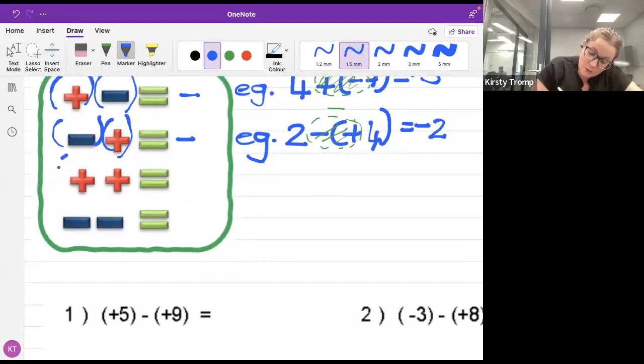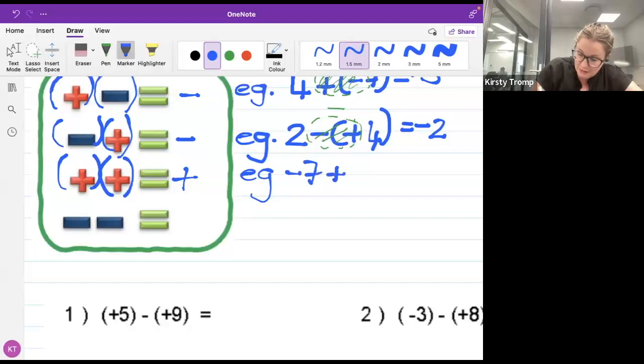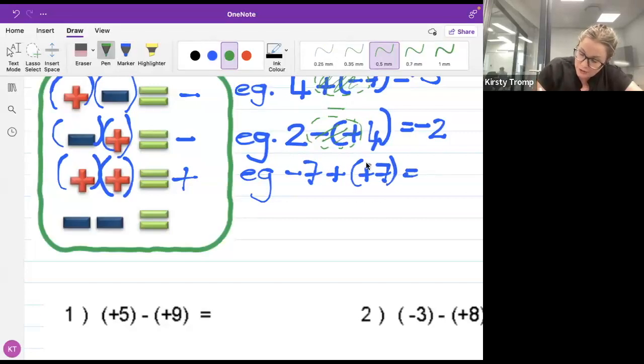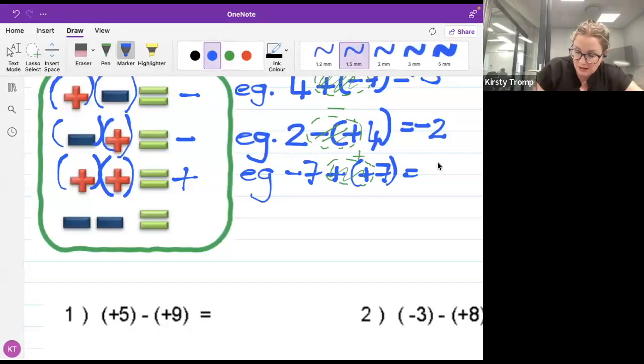When I have a positive and a positive next to each other, I'm going to be left with a positive answer. Good. So for example, if I have -7 plus +7, I put my circle around the 2 positives. I know that a positive and a positive is going to give me a positive, and -7 plus 7 is going to give me 0.